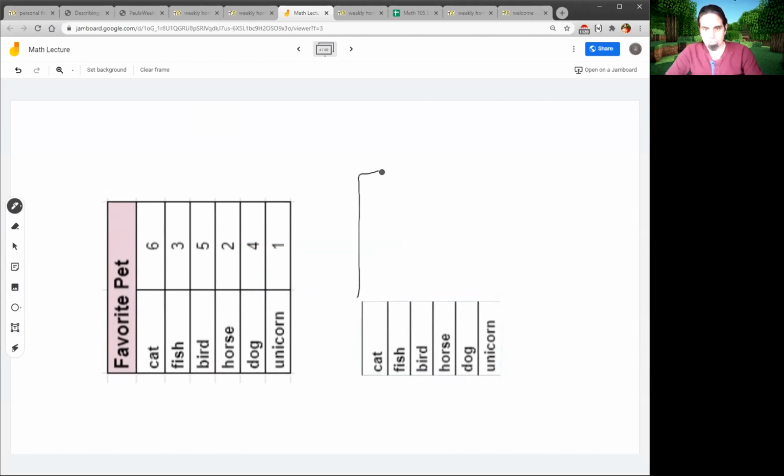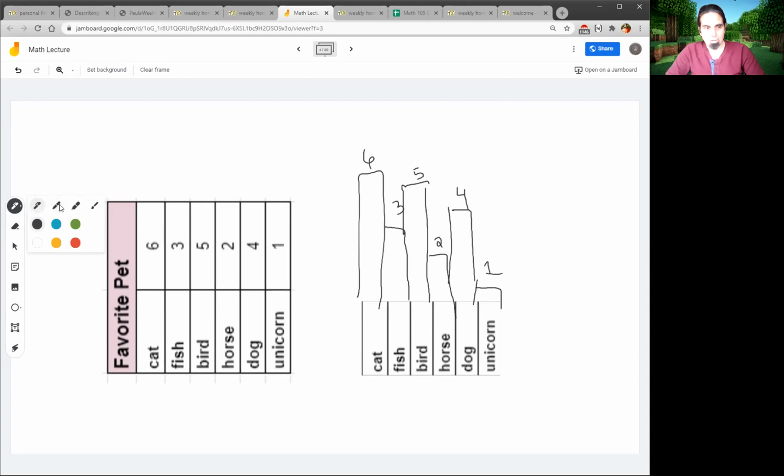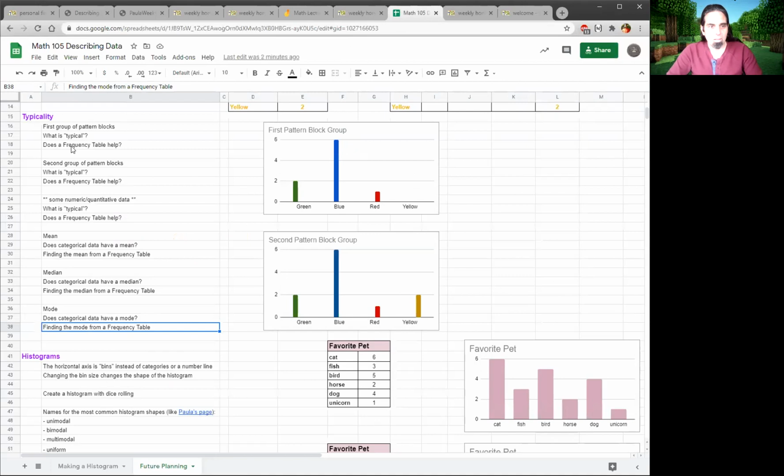And we could say there's lots of cats, and there's half as many fish, and there's almost as many birds, and there's not very many horses, and dogs are in the middle, and there's only 1 unicorn. So we can make a bar chart out of a frequency table by just picturing these as how tall the bars are. Something like that.